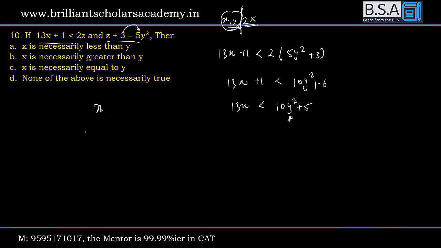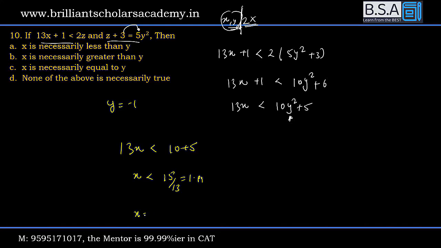It can change sign to negative. So let me try a couple of numbers. Observe, I am putting y is equal to -1. So I am saying 13x is less than 10 plus 5. x is less than 15 by 13, which is 1 point something.